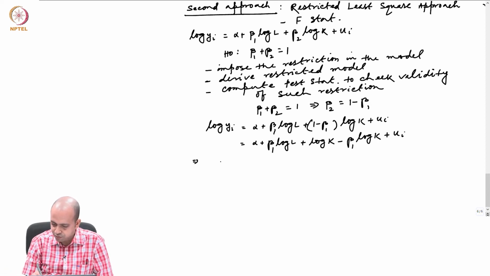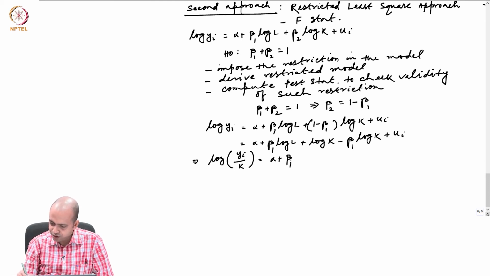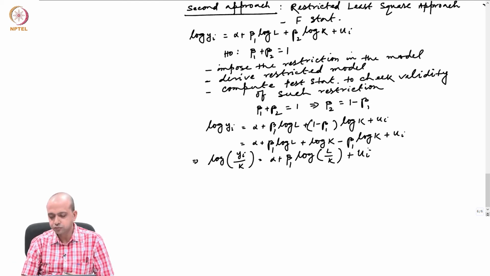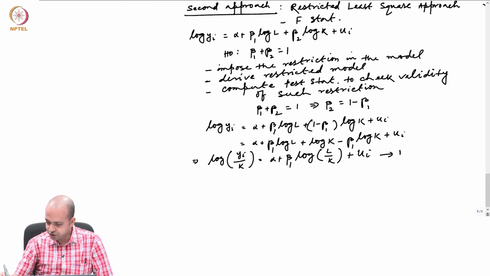So, that would become log y minus log k, which will in turn become log of yi by k equals to alpha plus beta 1 log L minus log k, which you can write plus log of L by k plus ui. Let us say this is our restricted model.